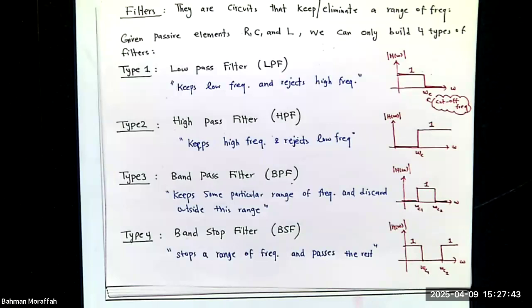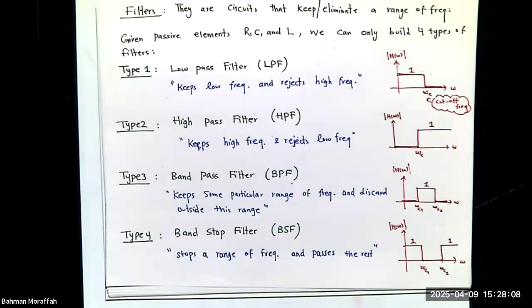What's important here is that if I look at these four types, these are the only filters I can build with R, L, and C. Right? And since for both type 1 and type 2, I only need one cutoff frequency, it turns out I can build these two types of filters using a first order circuit.